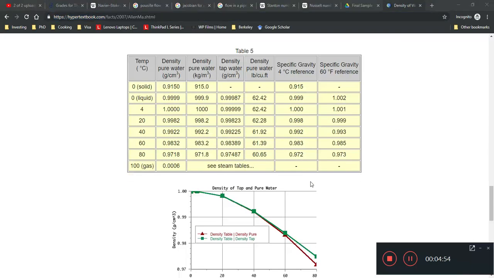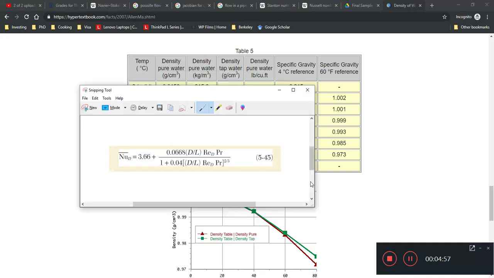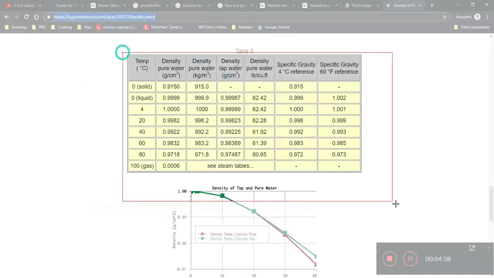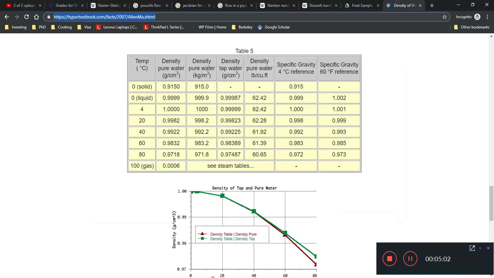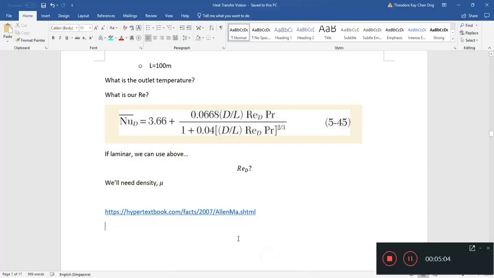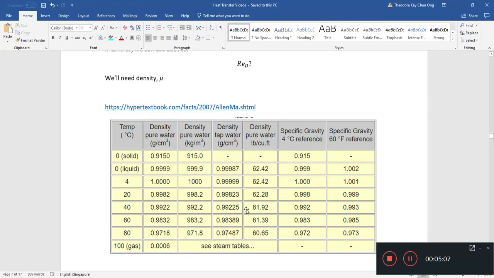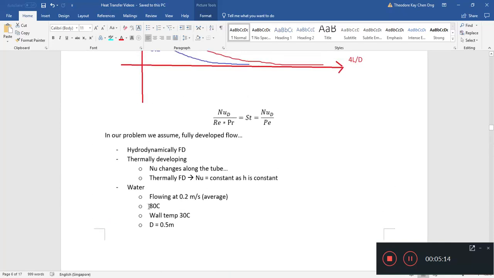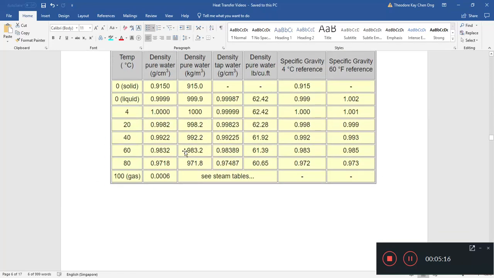Okay, so we'll quickly get some density values, and we look between, let's say, 80 and 40. We assume the temperature's around there because it's between 80 and 30, so we can just assume the average Reynolds number is somewhere in between, based on the density somewhere in between.